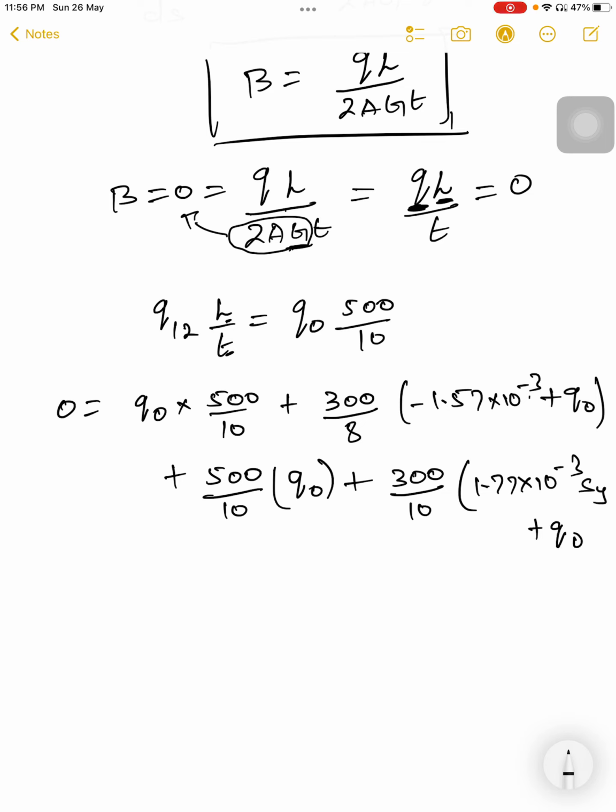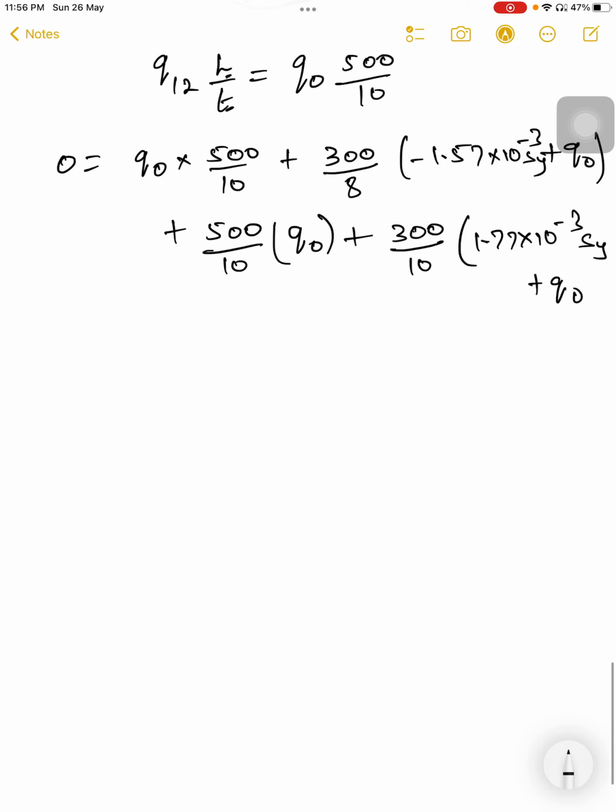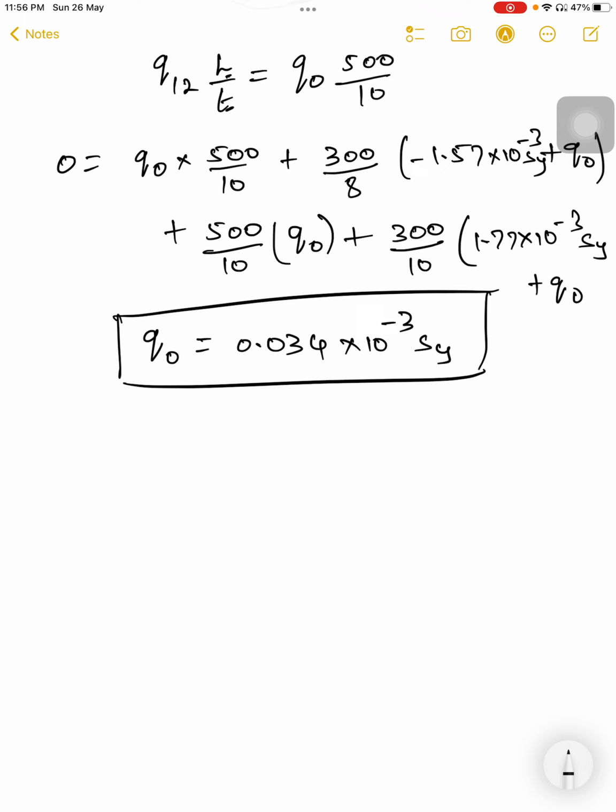Here I missed SY. On simplifying this, we will get a relation Q0 equal to 0.034 into 10 power minus 3 SY. So this is the Q naught value.